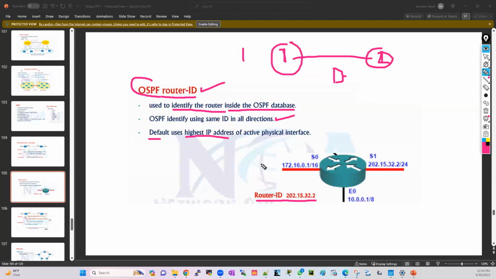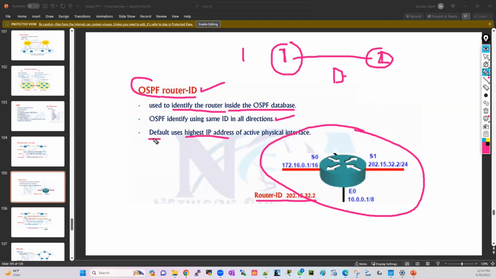What it also means is this. For example, if we look at these routers, we have 172.16, 202, and 10. Among all these routers, let us say we did not specify our router ID.